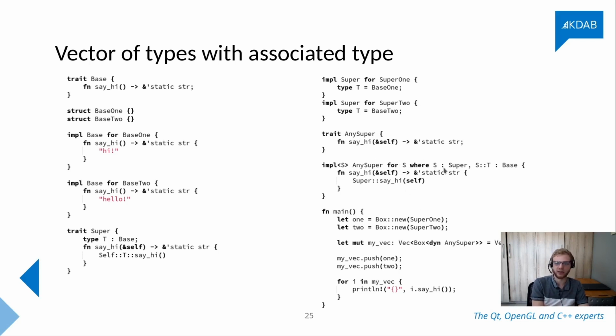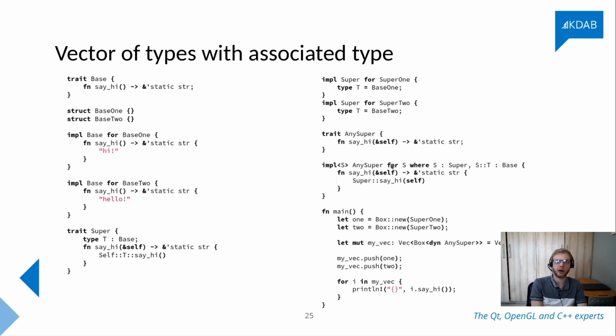The syntax is just to say where Super, and the associated type T, implements Base. Then, unfortunately, there's a bit of boilerplate: you have to actually write this line where you forward the function on your AnySuper to the original Super. It's not that bad. And then you can have a vector of Box then AnySuper.